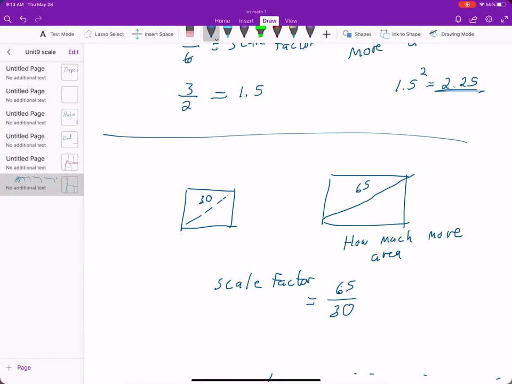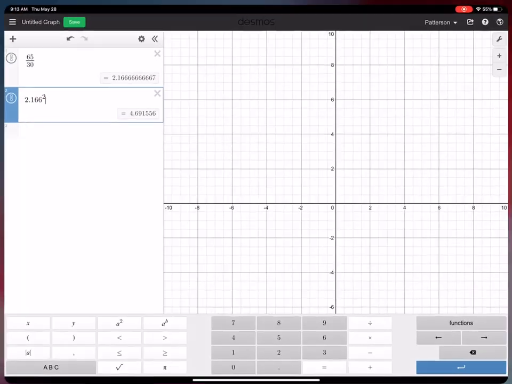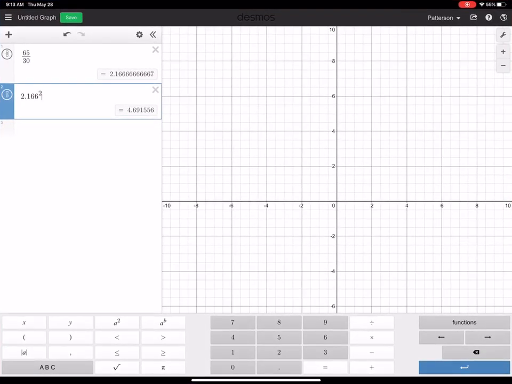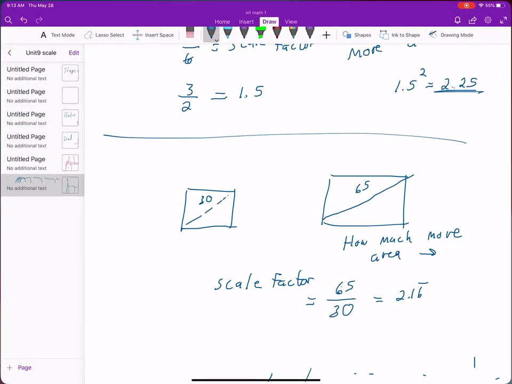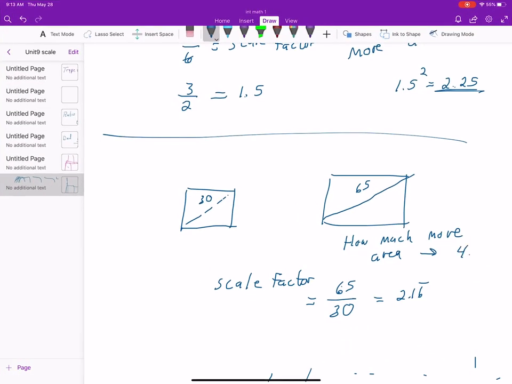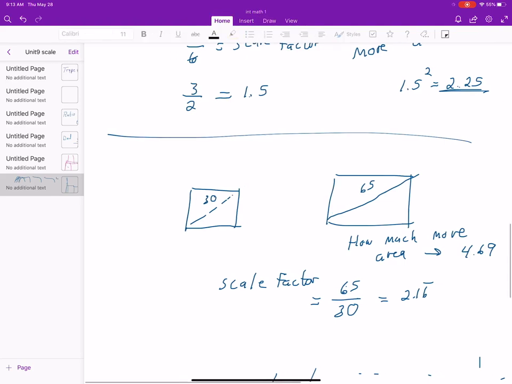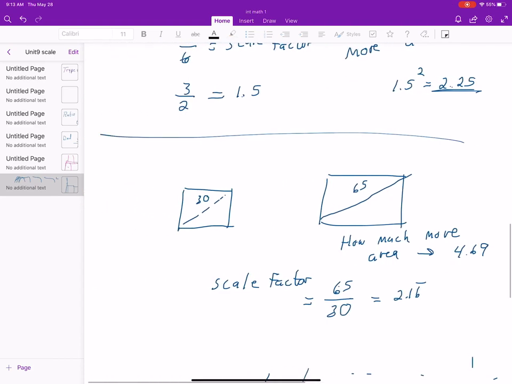The actual area you're going to get is that squared, which is about 4.69. So you're going to get a little more than 4.5 times more area.